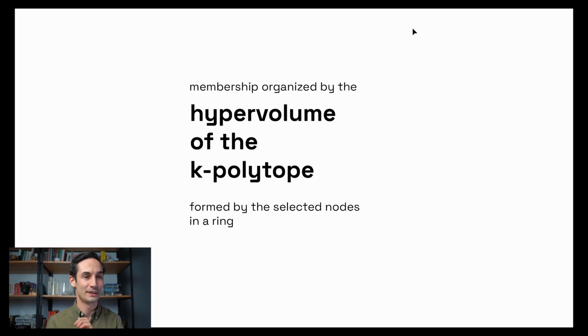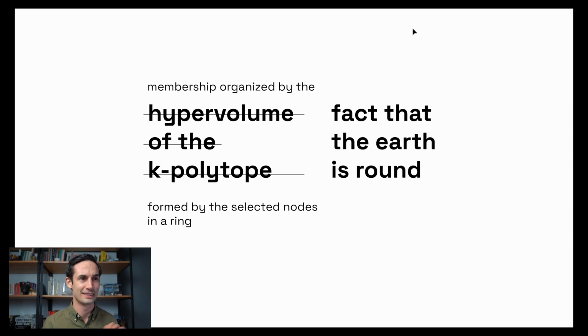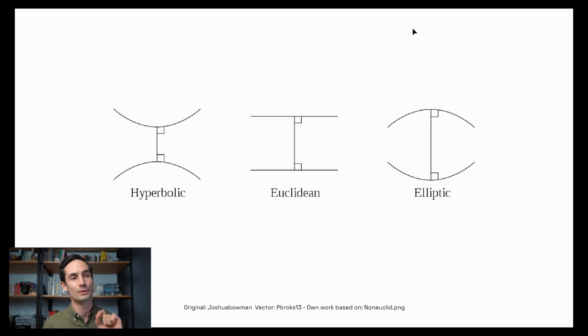But the thing that's exciting about this, and I think the better way to reduce it, is that membership is organized by the fact that the Earth is round. To get into this, a hypervolume is a type of non-Euclidean geometry, and that's why the paper is called Meridian.